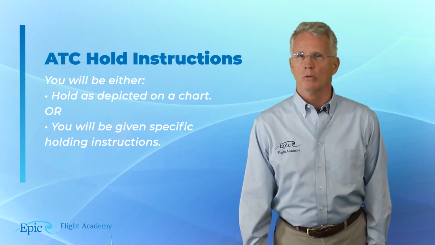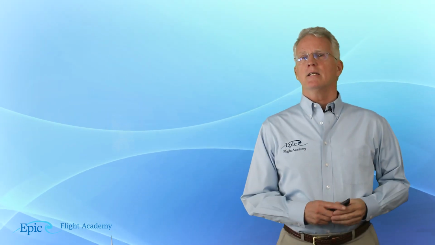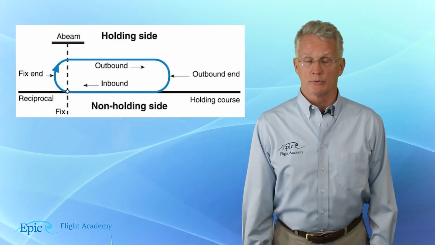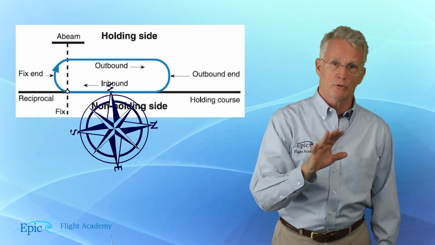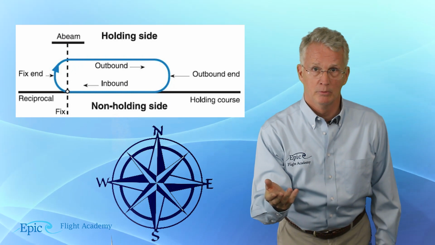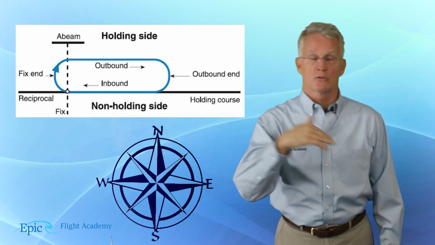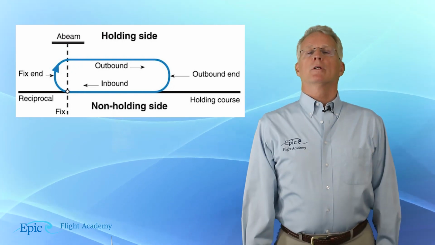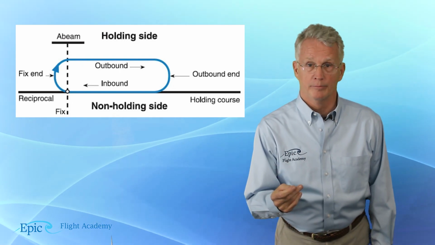Now, if that hold is not published on the chart, ATC will include the following in their instructions. Number 1, they will give you a cardinal direction of the holding procedure. North, south, east, northeast, southwest. Secondly, they will give you a fix to hold on.